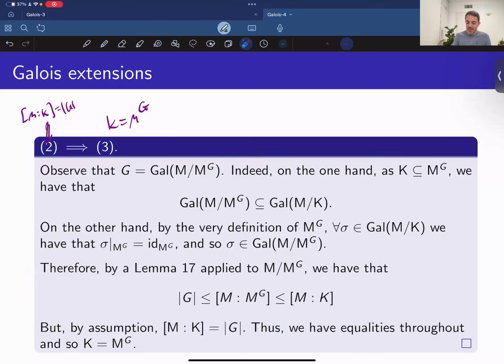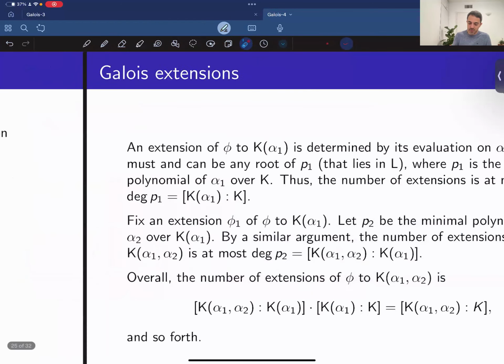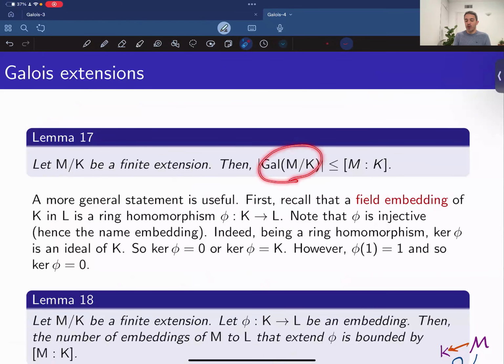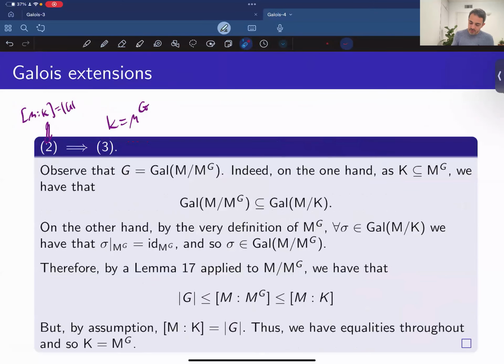And therefore, by Lemma 17, but we apply it to M over M^G. Lemma 17 was this one, that says that the Galois group can be at most the index of the extension, but now I'm using it not for M over K, but I apply it to M over M^G. So we know that the Galois group can be at most this thing, and this inequality is obvious just because M^G contains K. It's a larger field, so the index is smaller.